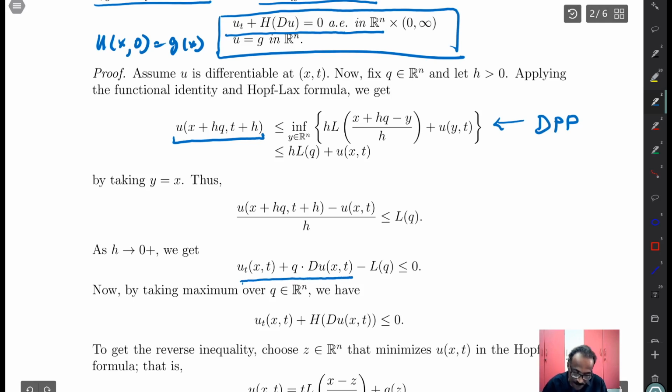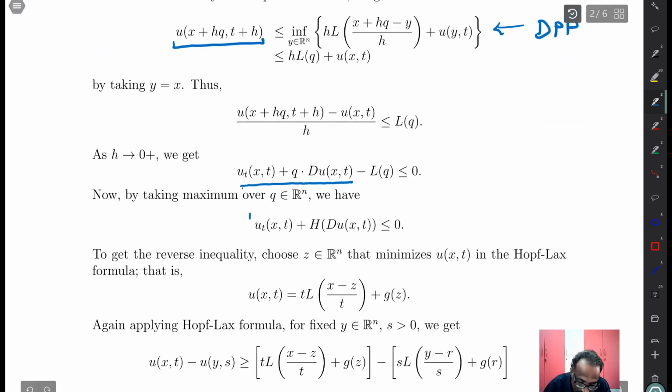You see. So as h tends to 0, you get u_t, because there are n variables, this is the derivative with respect to x of u evaluated at q. That is how you define the directional derivative, minus L(q). So that implies one way of the inequality.